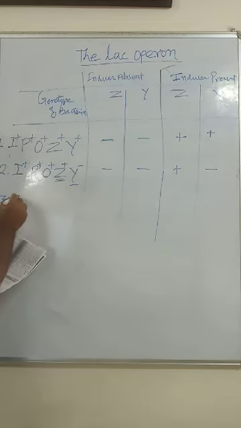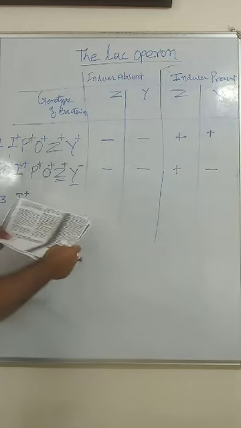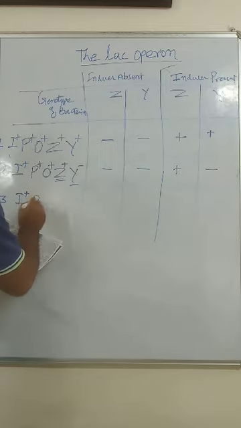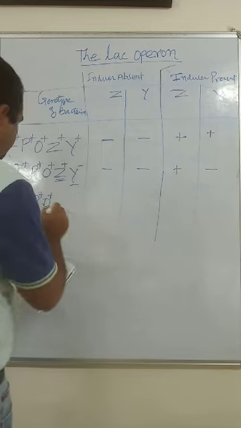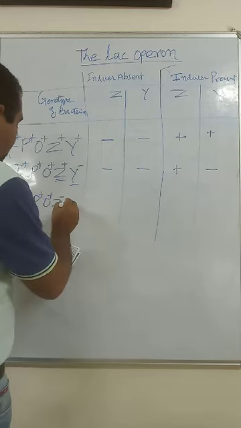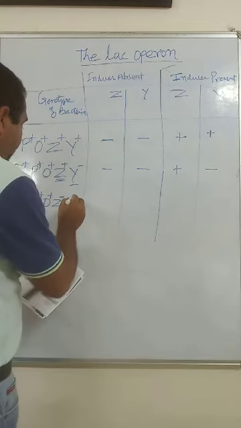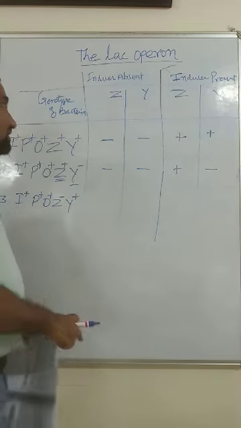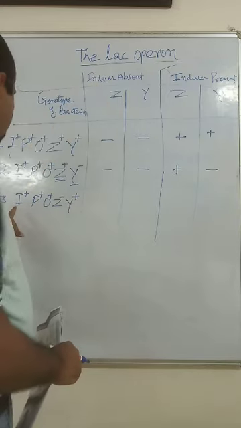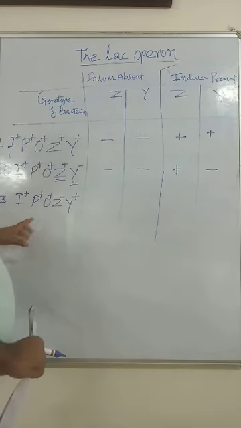when the I, that is normal regulator gene, normal promoter gene, normal operator gene, but a defective Z gene and a normal Y gene. So in this case, when inducer is absent, what will happen?